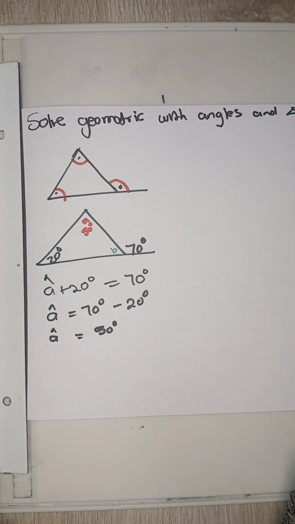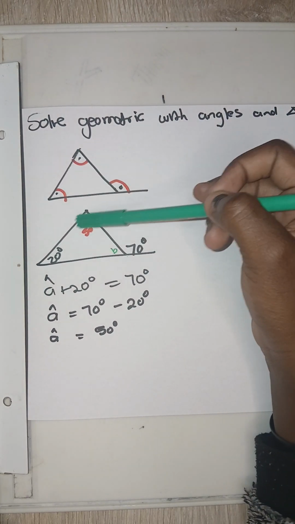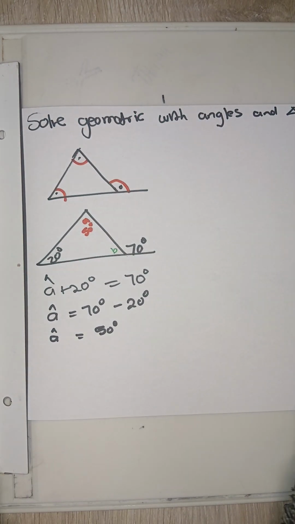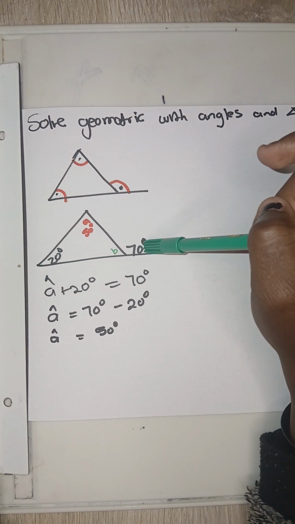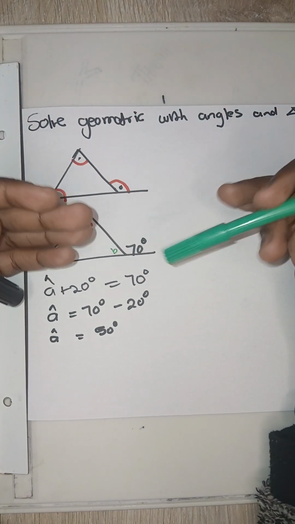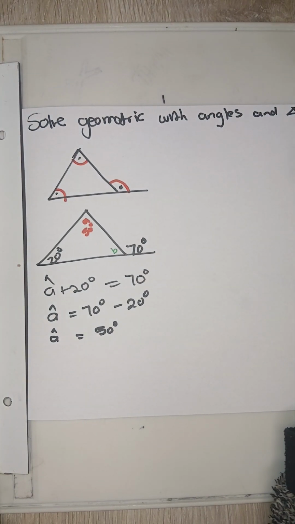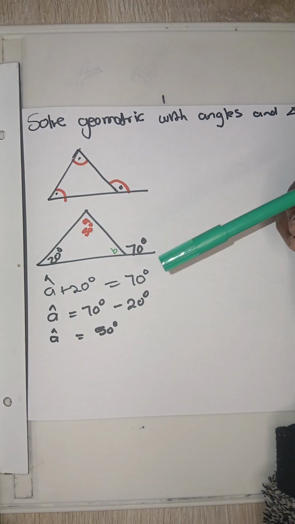So in order to find this angle over here, you can choose whether to use the sum of angles in a triangle or the angles on a straight line, because they are all equal to 180. The sum of angles in a triangle adds up to 180.